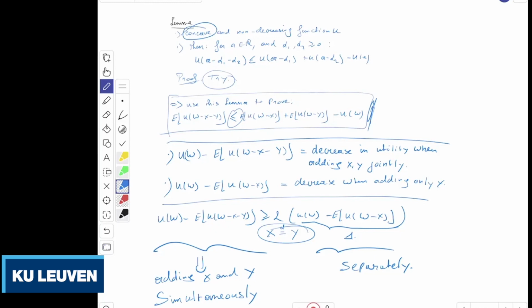Meaning that adding things simultaneously and running the risk that you have very large losses simultaneously is having a bigger drop in utility than when you do it in a separate way. Which again is important to keep in mind, because in most cases when you do decision making, you are thinking of the case where you add them separately.